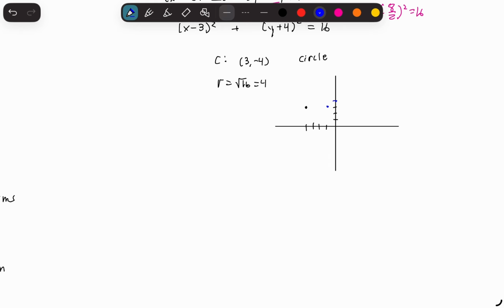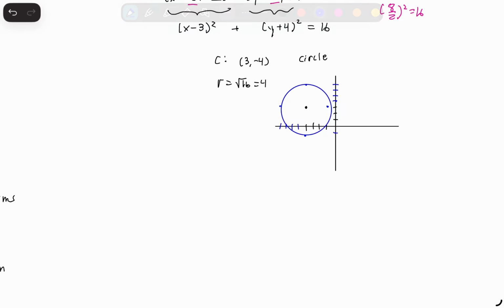Then you would have up here 1, 2, 3, 4, 1, 2, 3, 4, here, and here, and here. Then you can connect those points. It would look something like this.